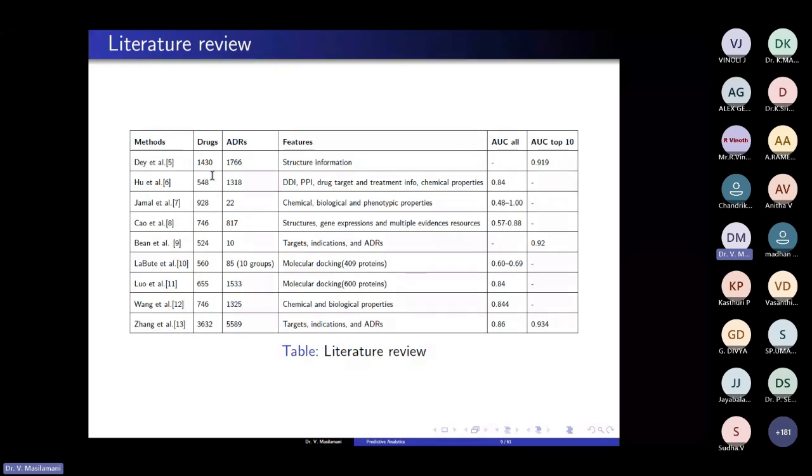And to predict the ADRs produced by a drug, this guy has used structure information. Similarly, everyone in the literature used different properties of the drug, or properties of the patient who was administered it. That is called the biological thing. And some people have used something known as the target. Target means the drug is basically a chemical, right?